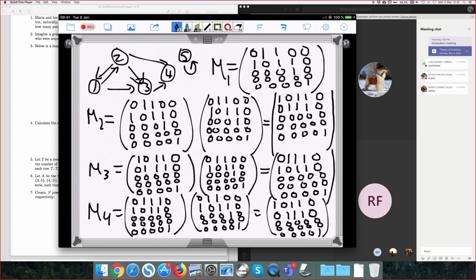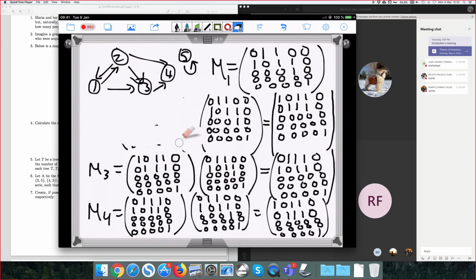Okay, so these are the reachability matrices for orders 1, 2, 3, and 4.